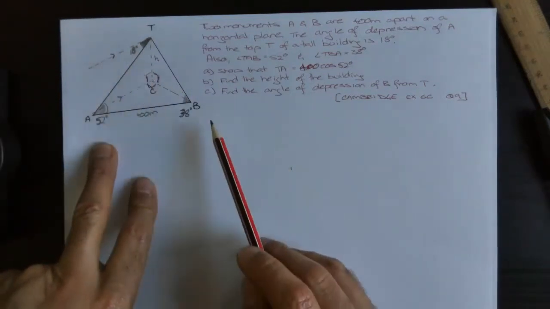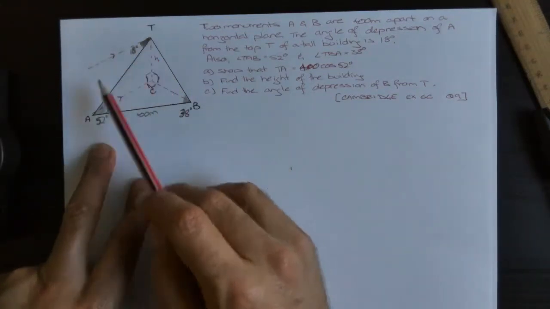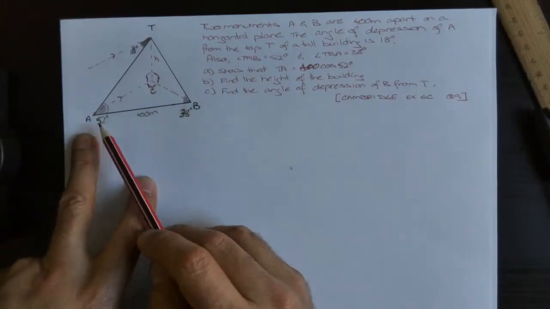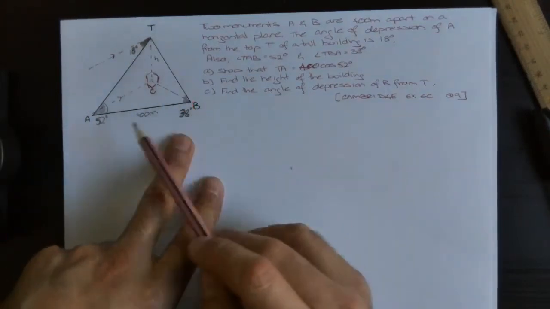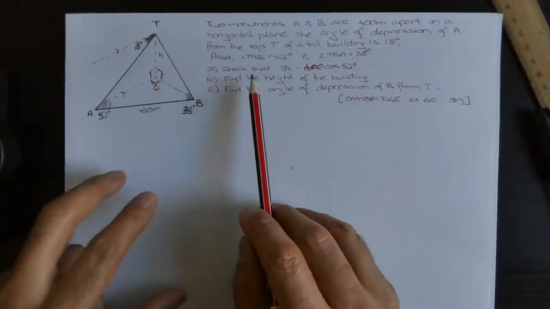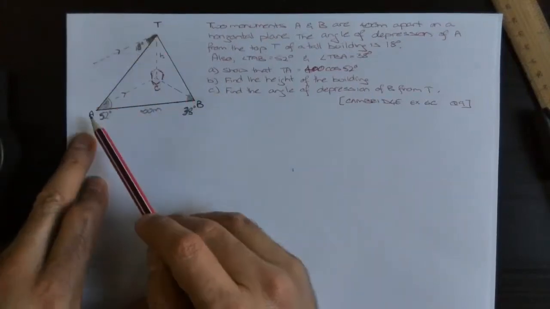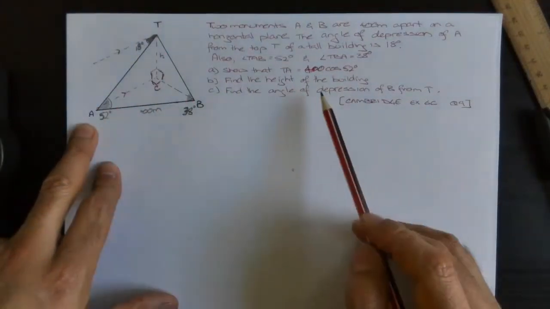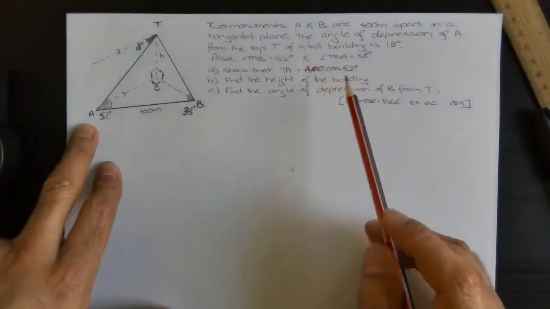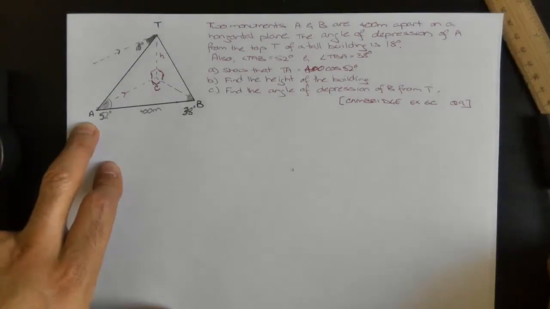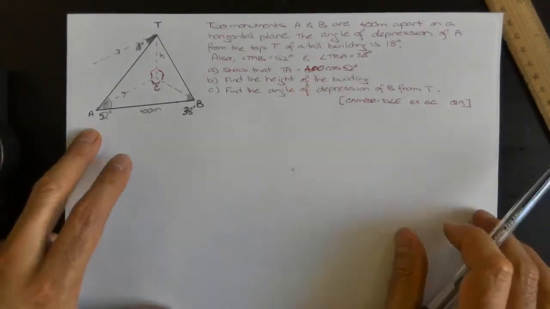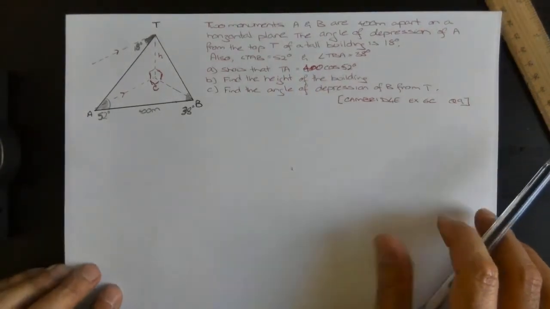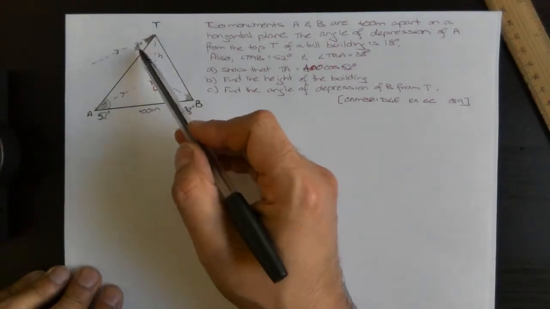And angle TAB is 52 degrees, and angle TBA is 38 degrees. We want to show that TA is 400 cos 52. That's what we've been given, something that we want to show. So we want to figure out what this height is here.